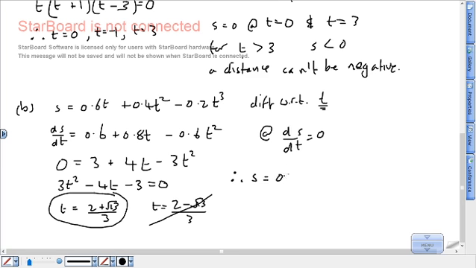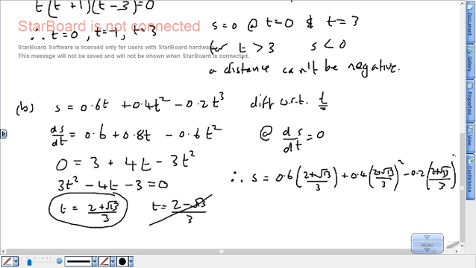So 0.6 lots of (2 plus root 13) over 3, plus 0.4 lots of (2 plus root 13) over 3 squared, and then finally minus 0.2 lots of (2 plus root 13) over 3 cubed. So we get an answer.